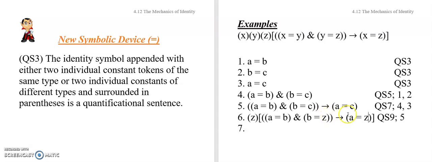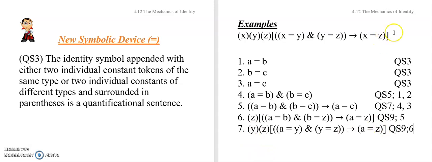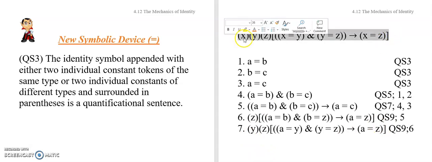And then, of course, we take this whole thing, surround it in parentheses, and add a quantifier on there. You get the point and the pattern, all right? So this is going to be y. y is going to replace our b's as per our strategy, and we get an expression like that, and that's QS9 applied to line 6. And then, of course, we get the final one, which is this whole guy here.